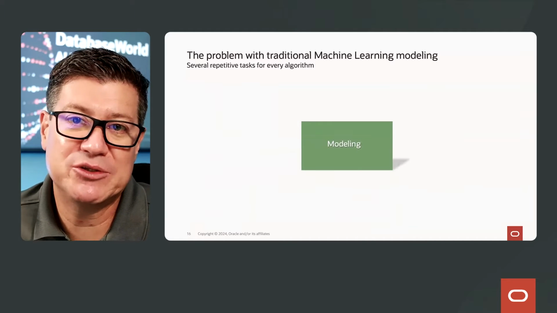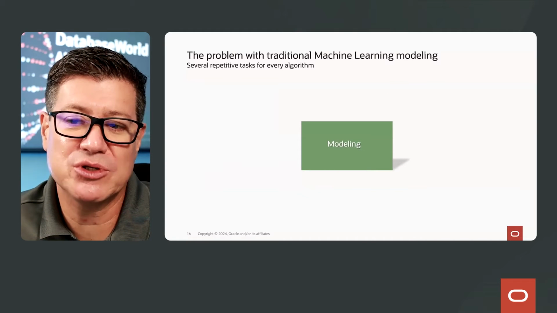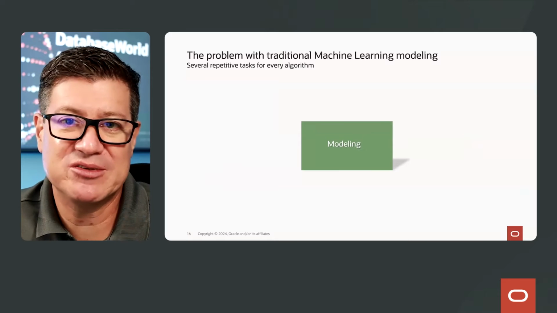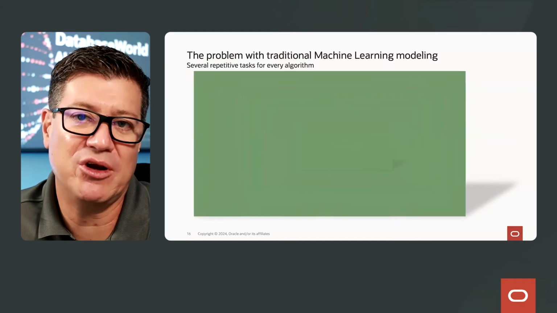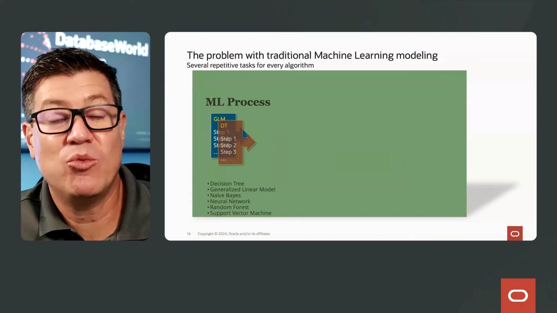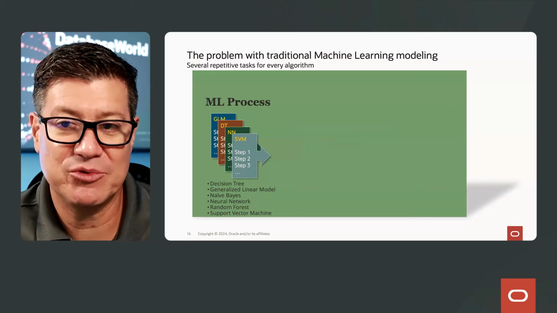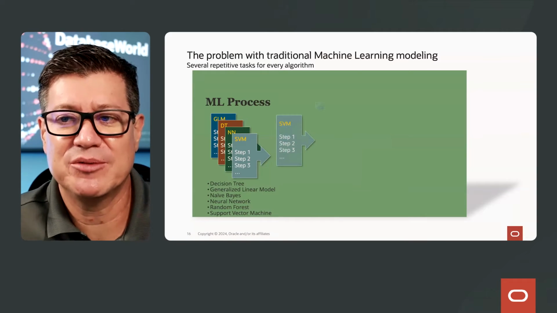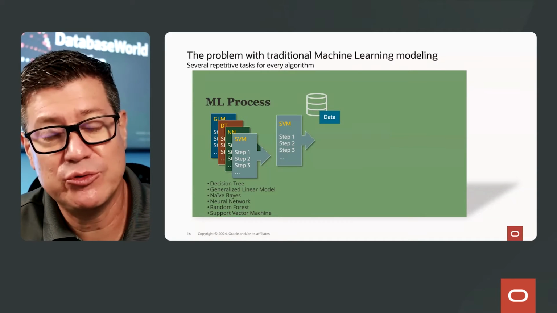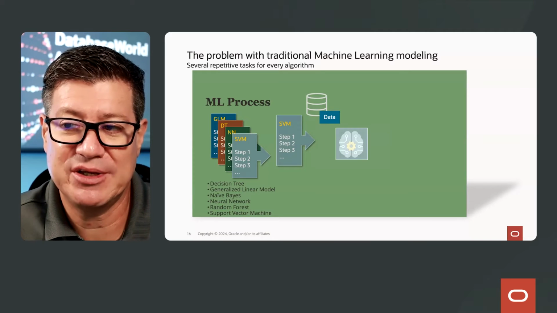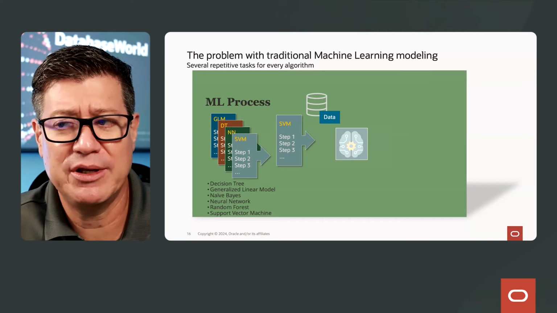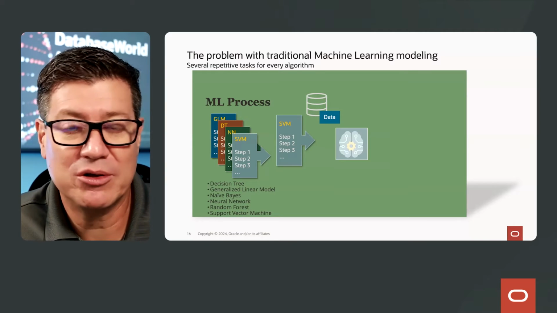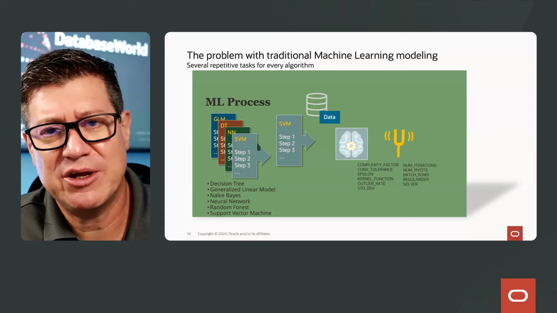So the problem with the traditional machine learning is that usually what happens, for data scientists like myself, is you start the process by selecting one of those algorithms, right, that we talked about before. Now, I pick up one of those algorithms at a time. I then go to evaluate that algorithm against data, come up with one algorithm or one model, right? But then I have to create and optimize that model.